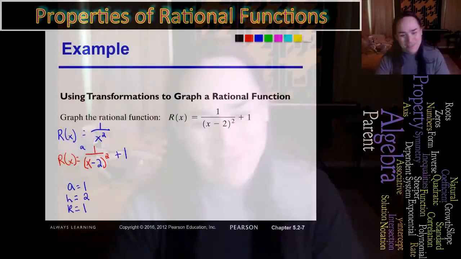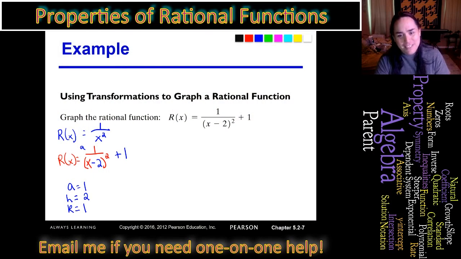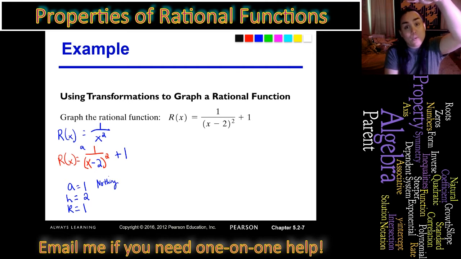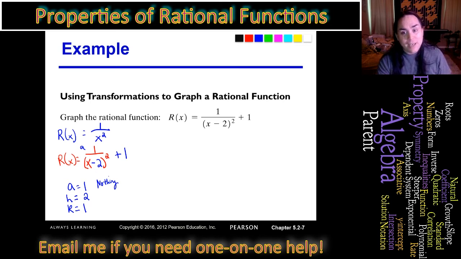Just want to check in to make sure that my recording's going okay, and it is. So let's go back. All right, let's think about what these changes do. Well, a is 1, that does nothing. When the absolute value of a is more than 1, it's a vertical stretch, and when it's less than 1, it's a compression vertically. h and k, we remember that those do shifts. So h goes with x, so it's a horizontal shift.